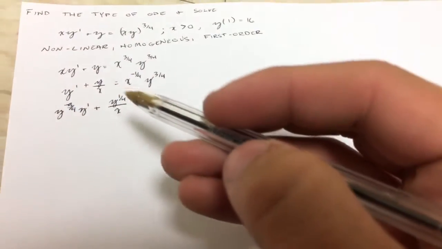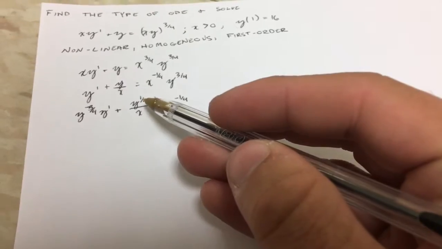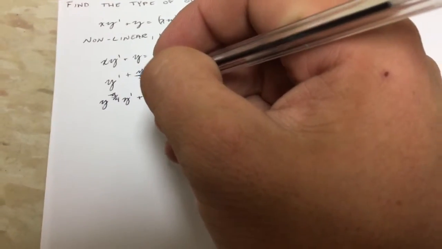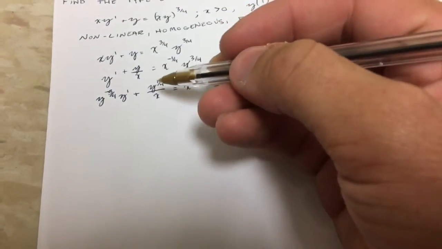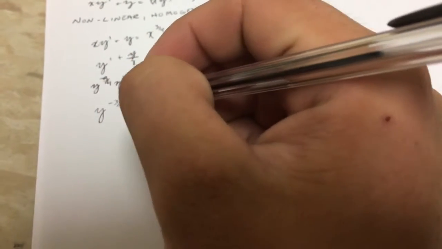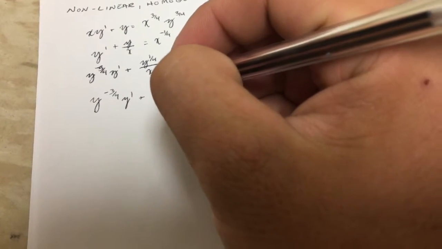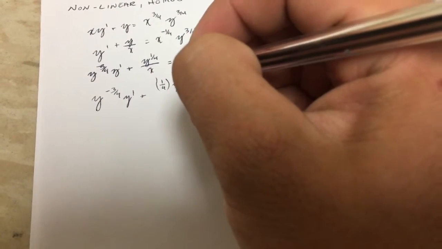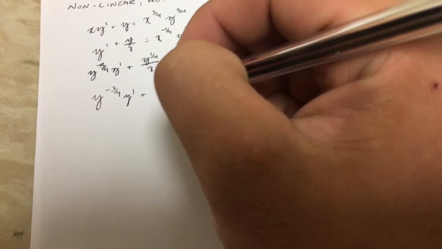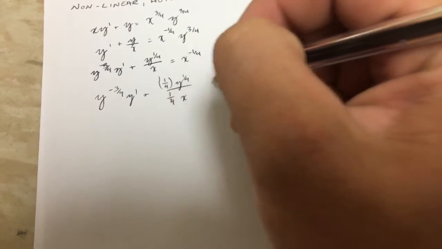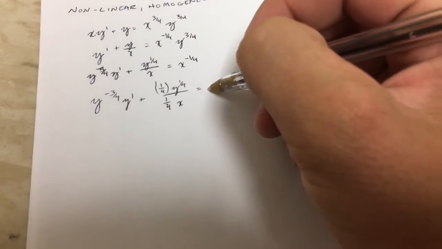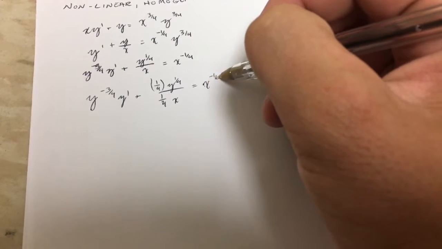So since our power for this fraction is 1/4, we're going to multiply the top and the bottom by 1/4, and you'll end up with y to the negative 3/4 y' plus 1/4 y to the 1/4 over 1/4 x equals x to the negative 1/4.